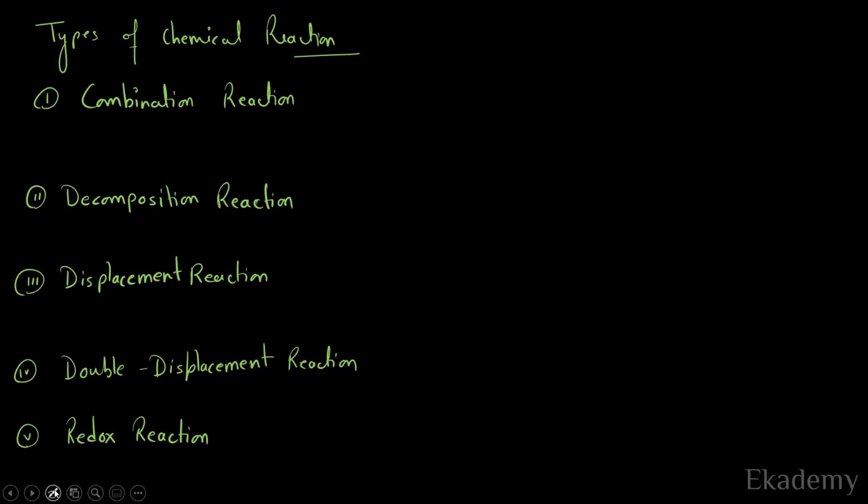Now let us see one by one each of these types of reaction. So what is combination reaction? So it is a type of reaction in which two or more reactant combines to form a single product.